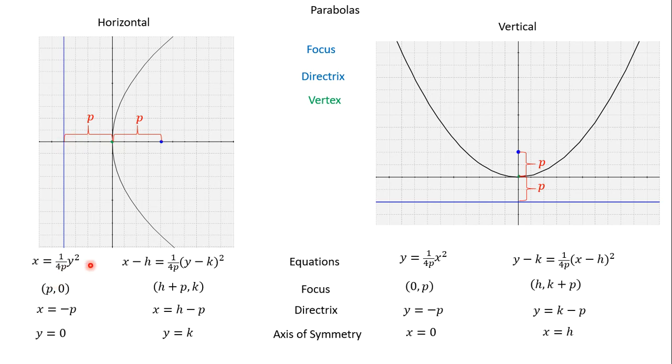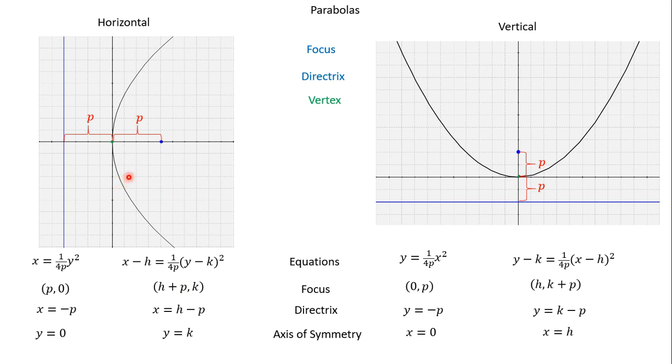If we make p negative, all of these equations still work perfectly, because the directrix, x equals negative, negative something, would be a positive number. The directrix would be over here. Same thing with the focus. If p was negative, h plus a negative number would take us back to the left.